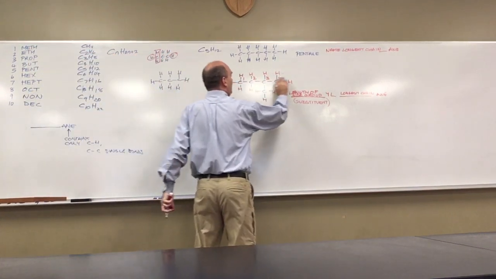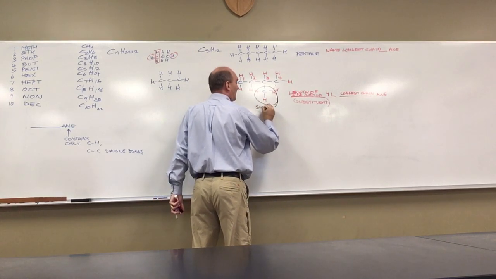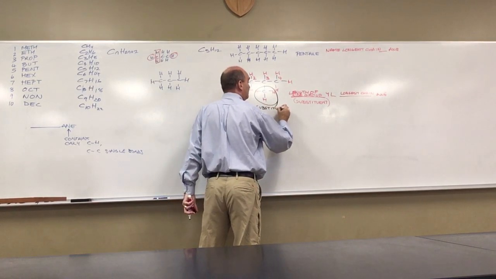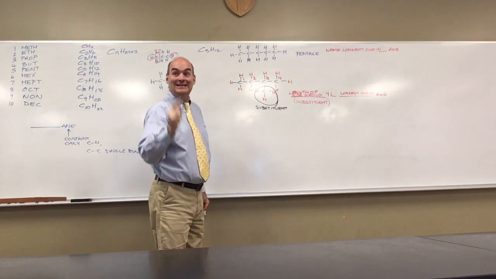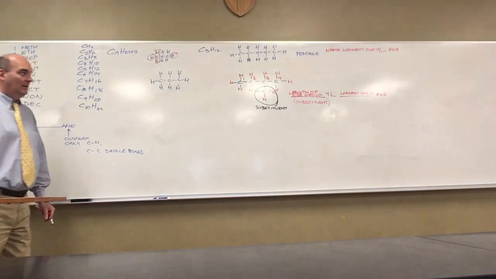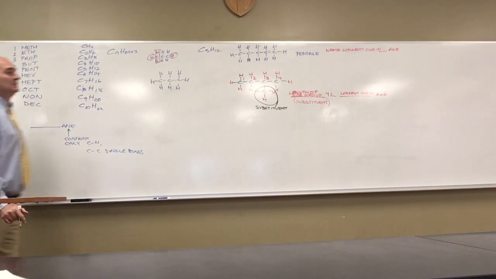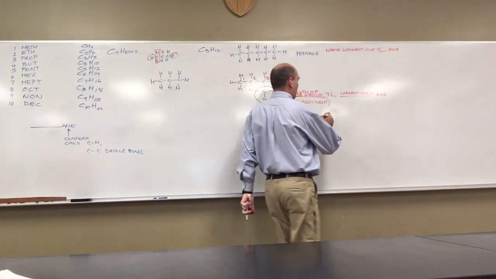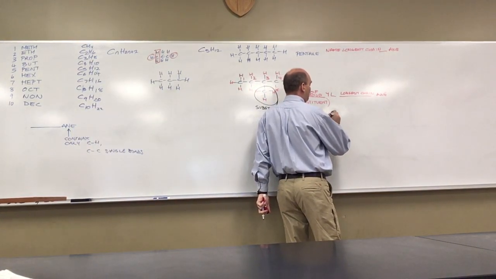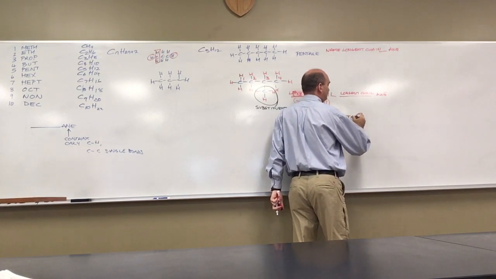So if these 4 carbons are my long chain, then this is now something dangling off that long chain. That's now my substituent. How many carbons are in that substituent? 1. So it is a methyl. So this gets to be methylbutane.